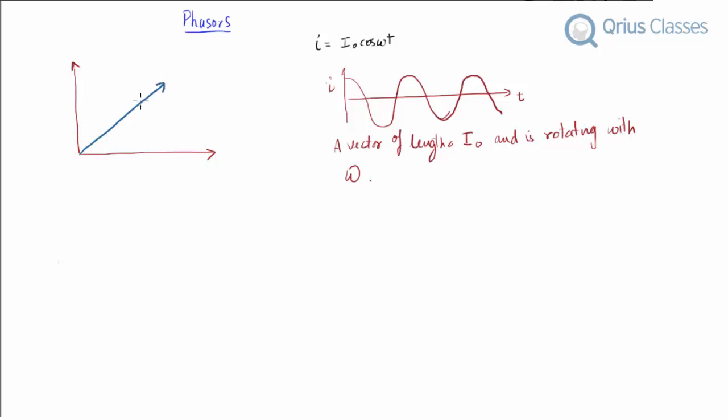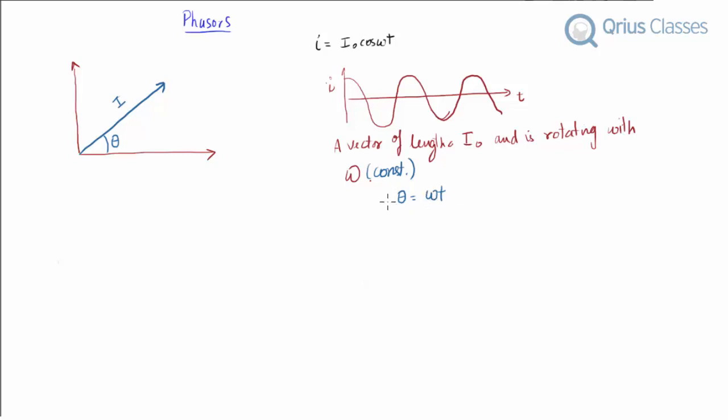It has a length of I and is rotating with constant omega. Say after some time t, it rotates by this angle, theta. So theta will definitely be omega t, since this is constant angular velocity.